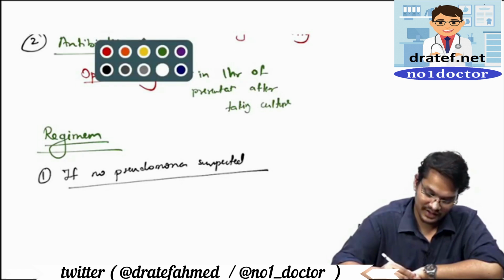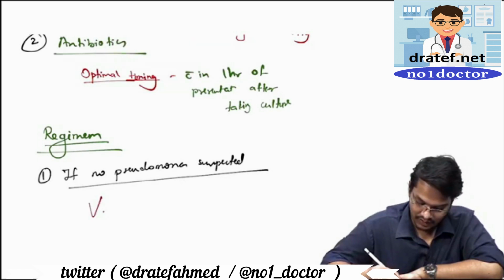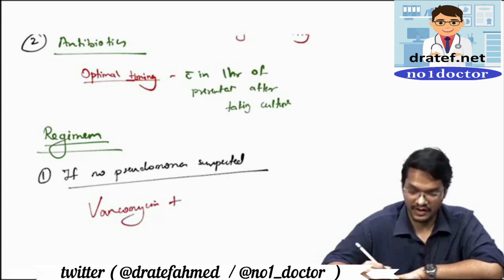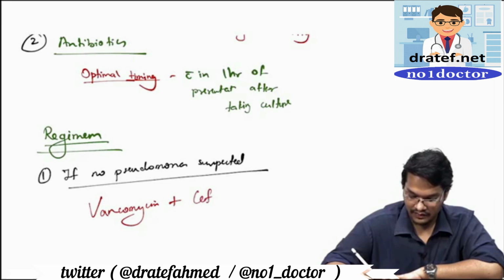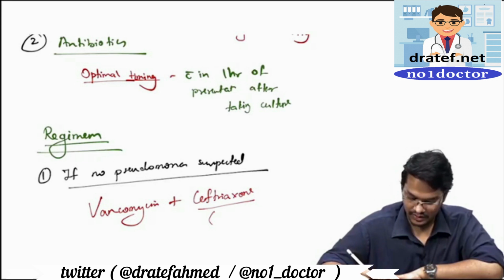So what the regimen is, we give the combination of vancomycin plus ceftriaxone. Instead of ceftriaxone, the other ones which can be used are cefotaxime or cefepime.